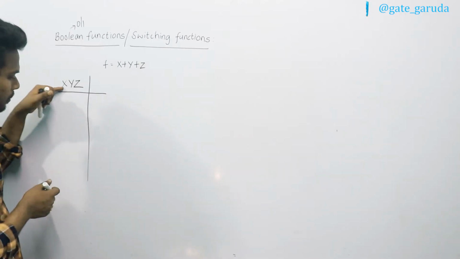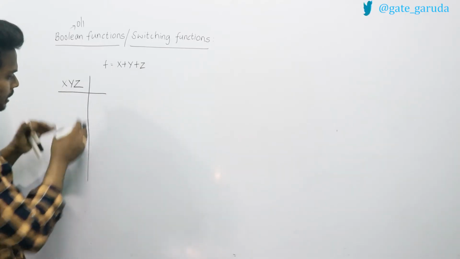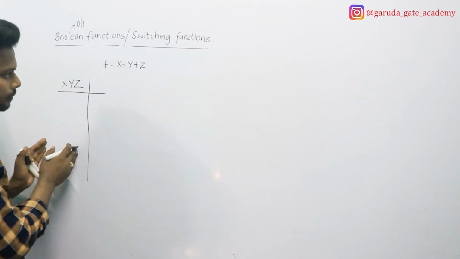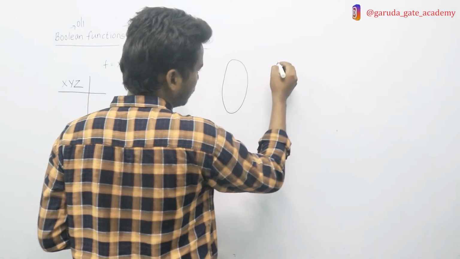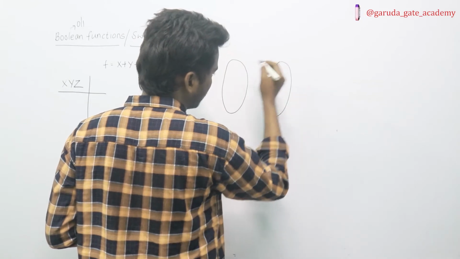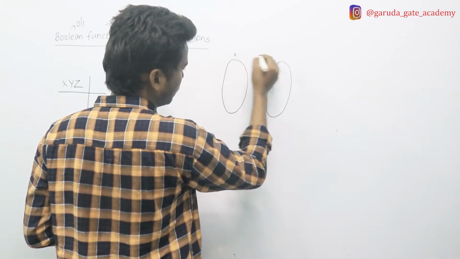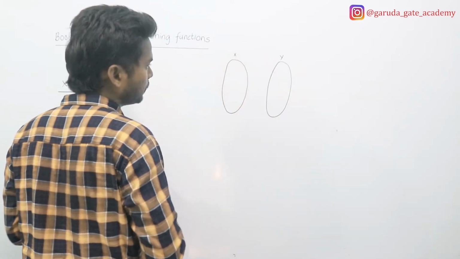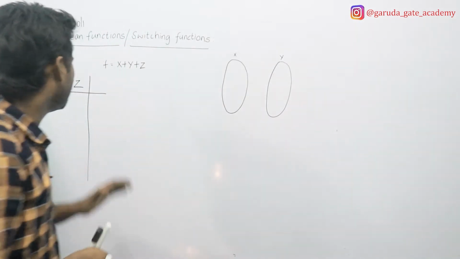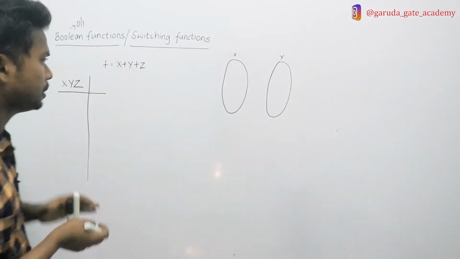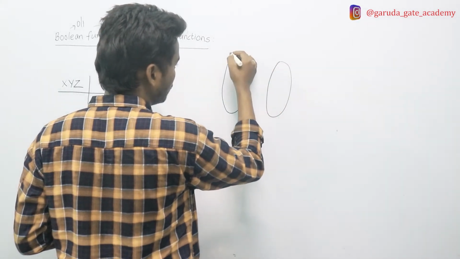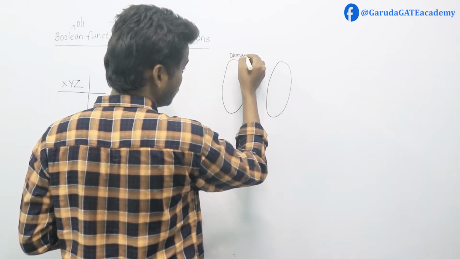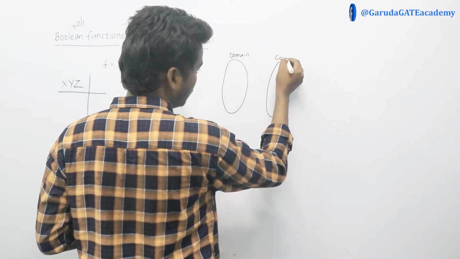These are the combinations of the inputs, and these are the domain elements. In the last example, these were x values and y values. Here we have already taken x, y, z as inputs; we just change the names. These are domain values, and these are codomain values.